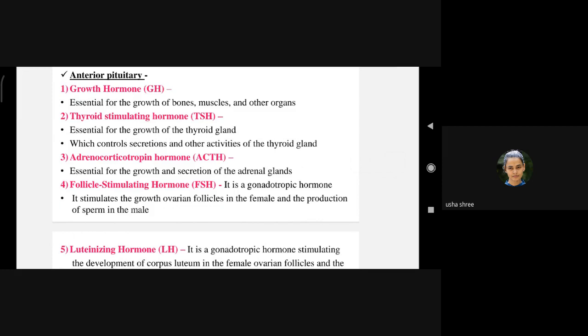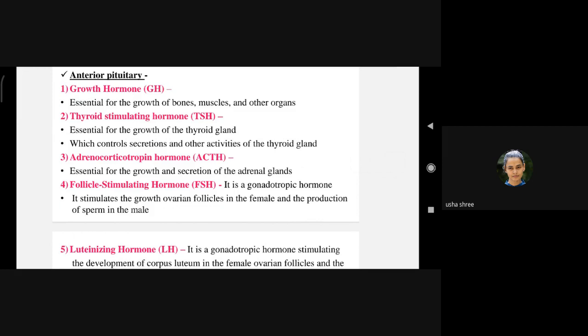Now, a particular cell of pituitary is getting stimulated by a particular hormone secreted from hypothalamus. For example, in very basic terminology, hypothalamus at first is producing growth hormone releasing hormone.